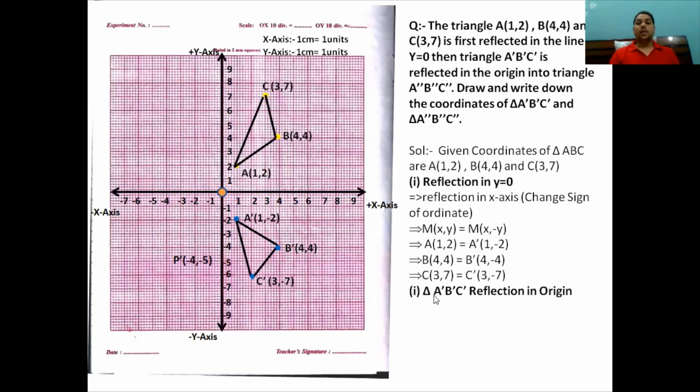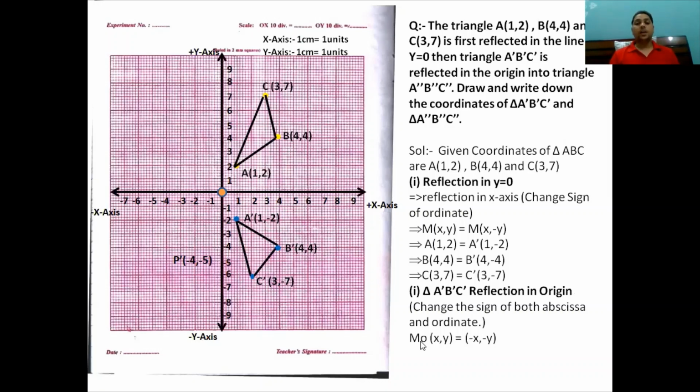Understand? Then this triangle A' B' C' is reflected in the origin here. So we have these coordinates here. Now it is to be reflected in the origin. So what is the rule for reflection in the origin? Change the sign of both abscissa and ordinate.